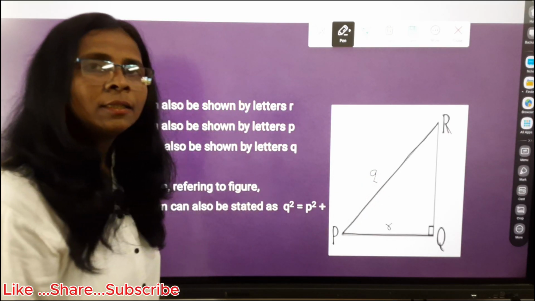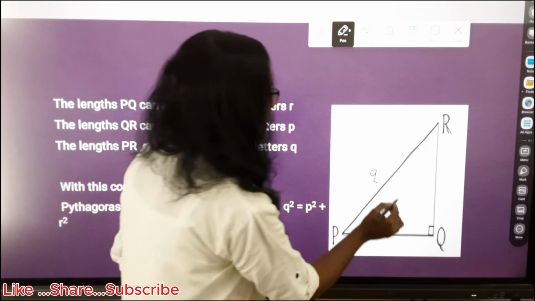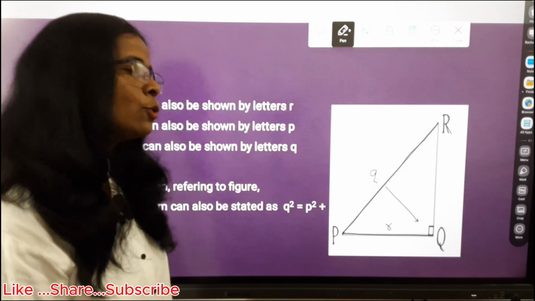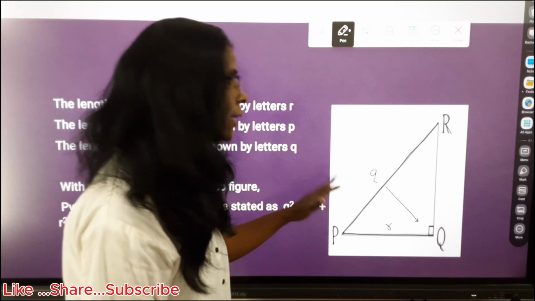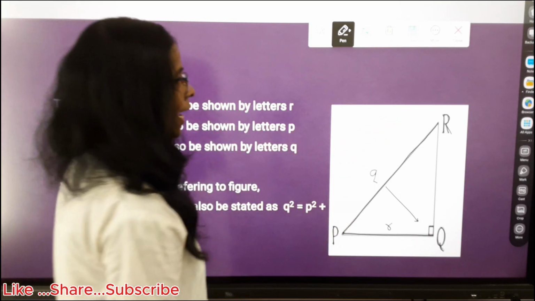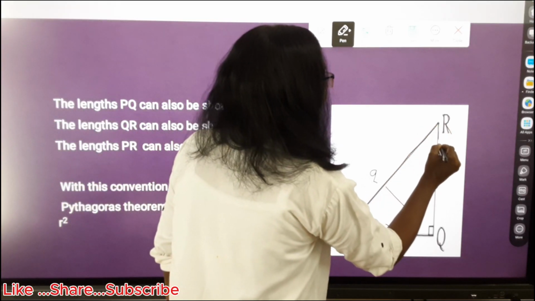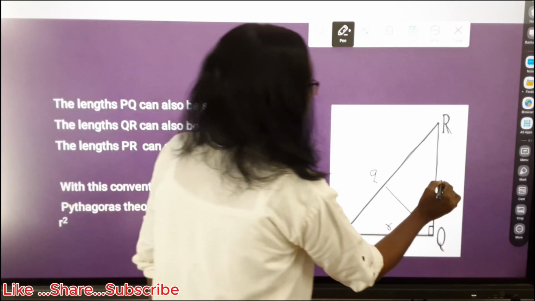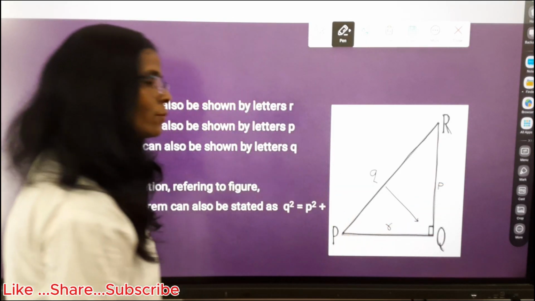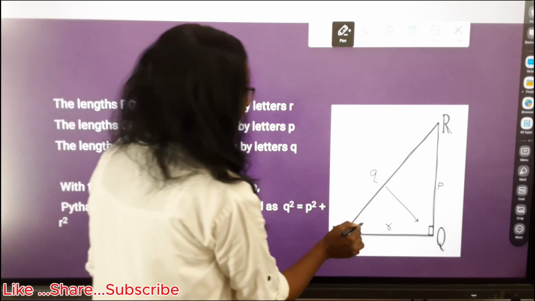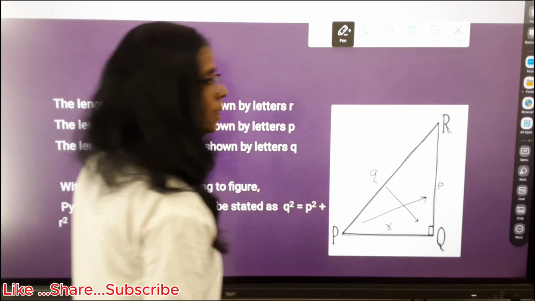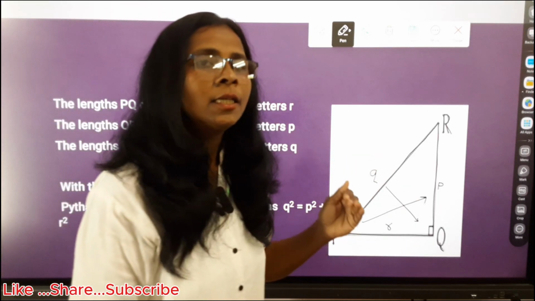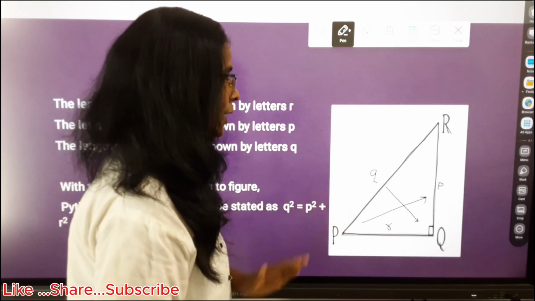Why do we consider it as small letter q? Because the opposite angle is capital letter Q. So we consider the side PR as small letter q. And the length of QR we consider as small letter p, because the opposite angle of the side QR is capital letter P. So that's why we consider the length of QR as small letter p.